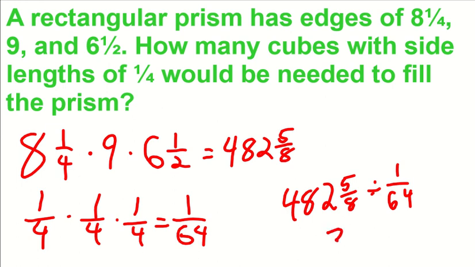When we do that, what do we say? 30,888, right? Yep. Sometimes the numbers get pretty big pretty quick. Dividing by 1/64 is basically the same as multiplying by 64, so that gets it pretty big. Any questions on that?